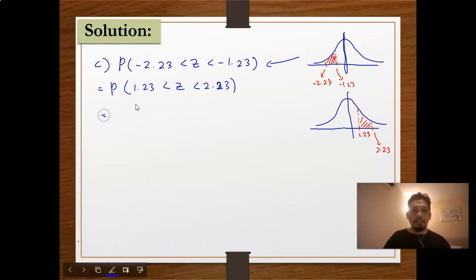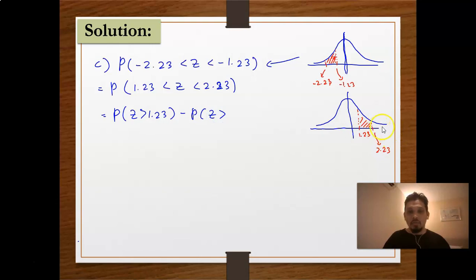So then this is probability of Z greater than 1.23 minus probability of Z greater than 2.23.